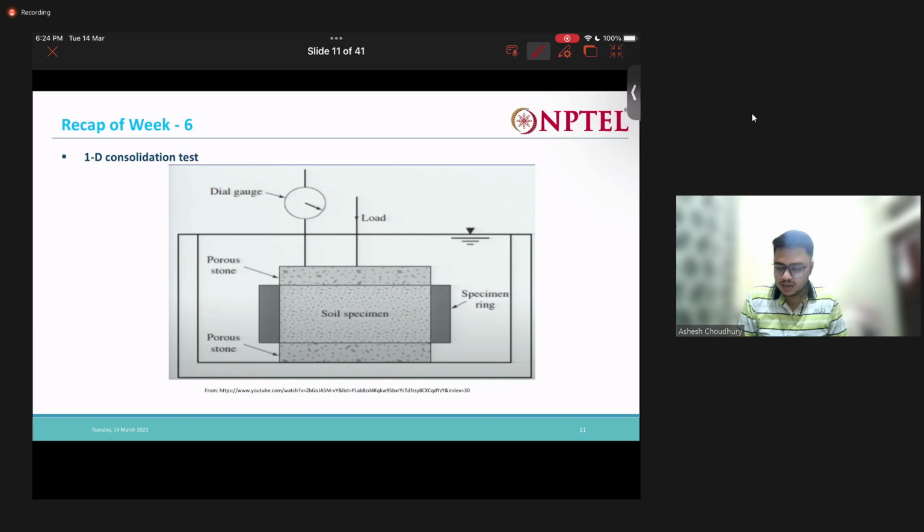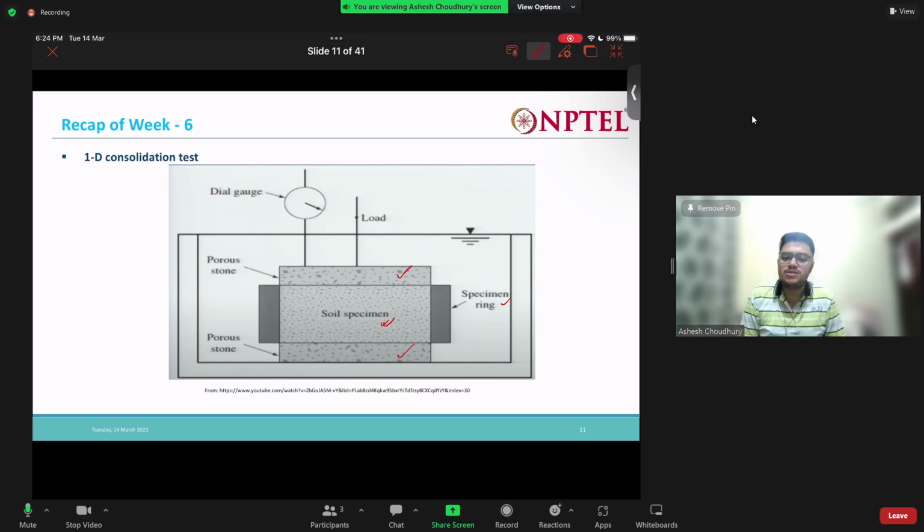Now we come to the one-dimensional consolidation test. In the consolidation test, you can see that there is a soil specimen. The soil specimen is kept in the specimen ring, inside which we need to put the soil specimen. At the top and bottom there are porous stones.